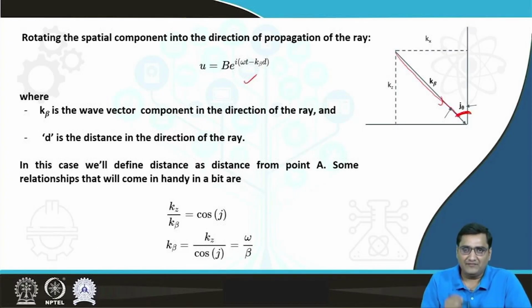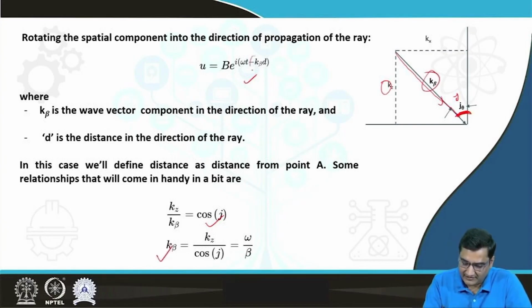So if we define some more relationships, if this angle of incidence is j, then cos j will be kz divided by k beta. So we can write k beta in terms of the vertical wave number as kz by cos j, which is further equal to omega by beta.